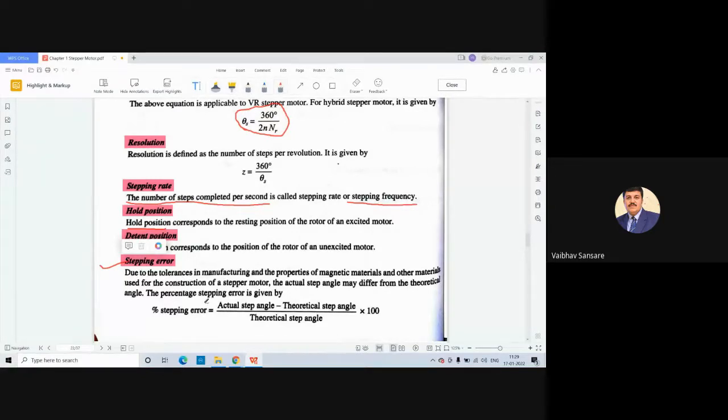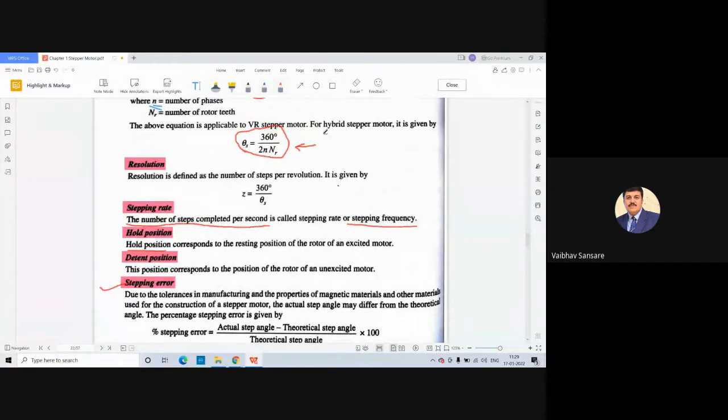We generally determine the theoretical step angle with the formula theta s equal to 360 degree divided by n into nr, or it can be determined by 360 degree divided by 2n into nr. Whatever this theta s is, it is the theoretical step angle calculated for the stepper motor.